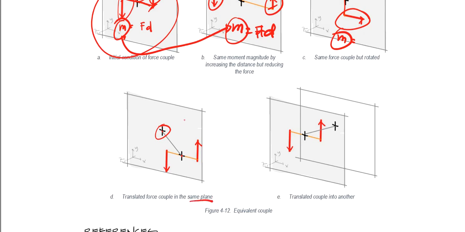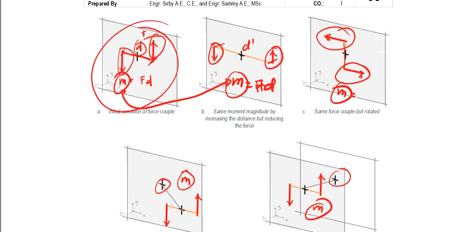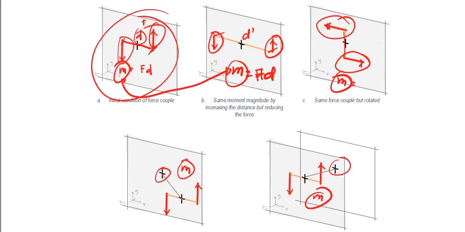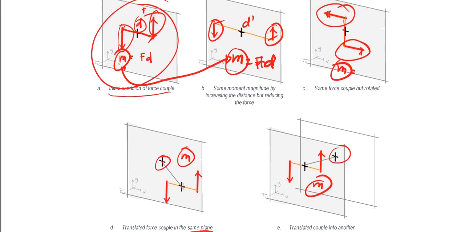So we can still have the same value of our moment, and of course if we translate this force couple into another plane, we can still have the same value of the moment. Okay, so those are the four cases wherein we can still have the same value of the moment based from our initial condition of a force couple.